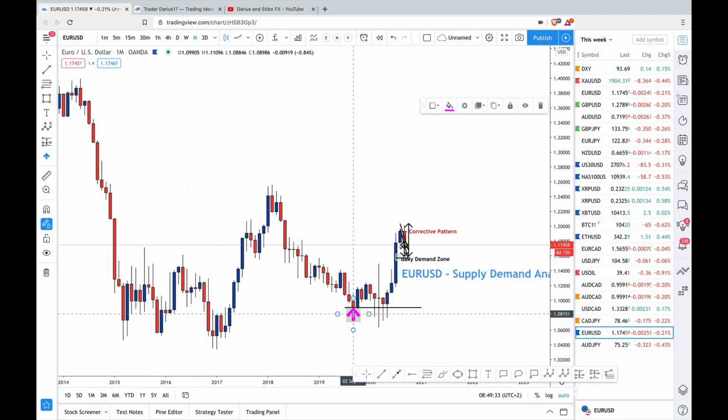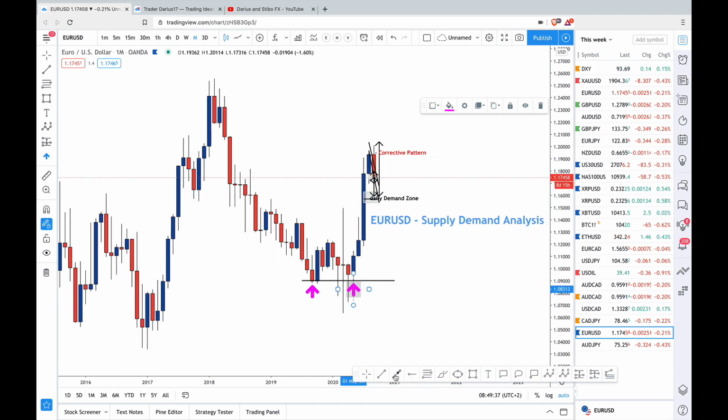So here we got the W formation, and after W formation you expect a retracement. This is what it is doing right now. Then this monthly candle will close bearish, which is pretty good for us, because we've seen it on the monthly chart retracement.